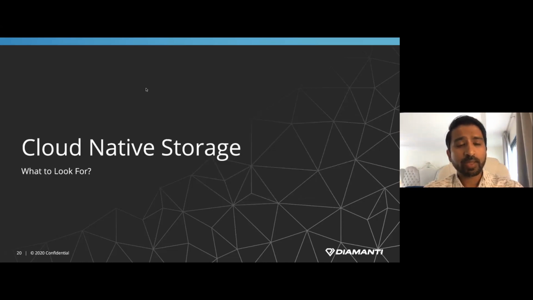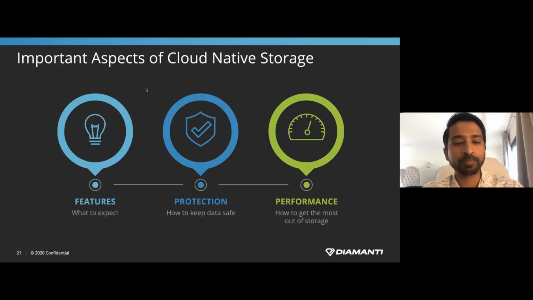So we talked about how Diamanti puts everything together, but what do you expect from a cloud native storage? Yeah, data protection is important, right? Data protection is one of the important features which we have talked about, but you also need to worry about performance, and that is the main reason today's poll suggested that most of the people are running on on-premises infrastructure.